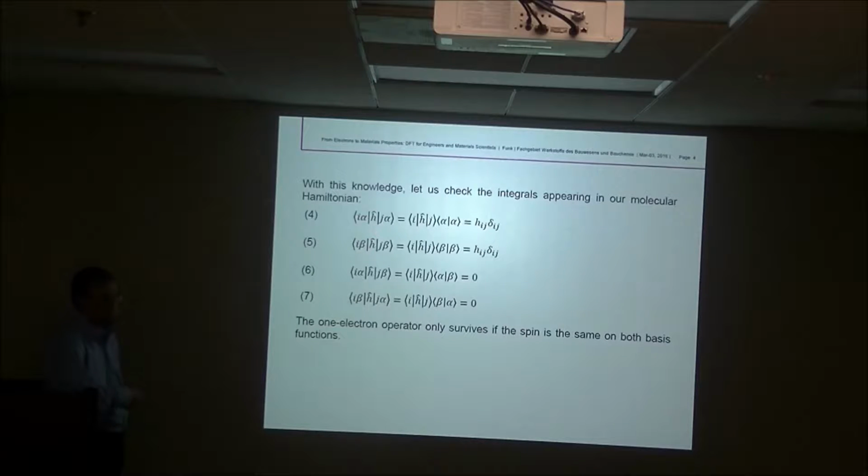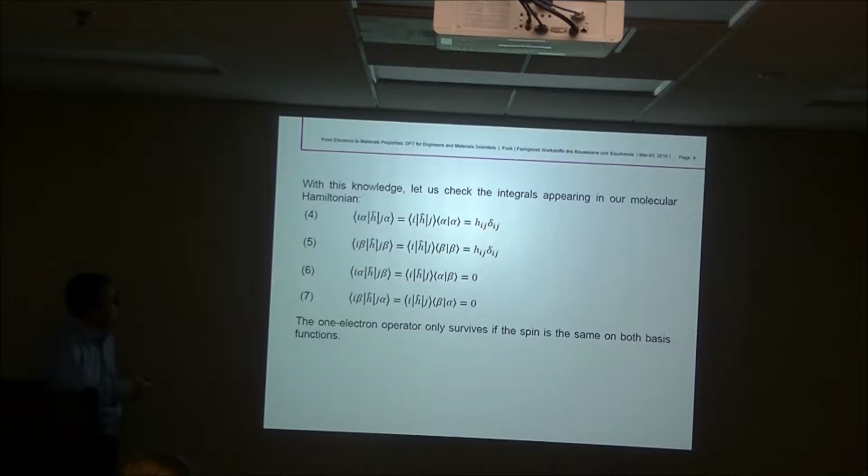This is our one electron operator, what we had last week from the full Hamiltonian. We had this H plus J minus K, you remember? And so this one electron part for hydrogen-like systems only works if we have identical spin.